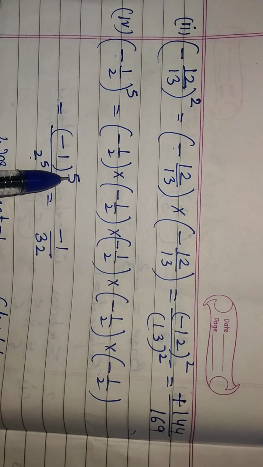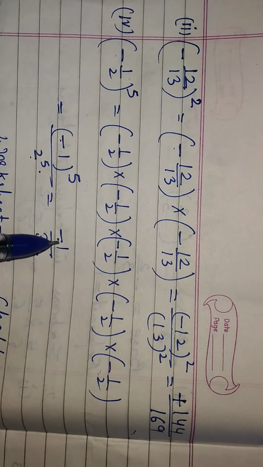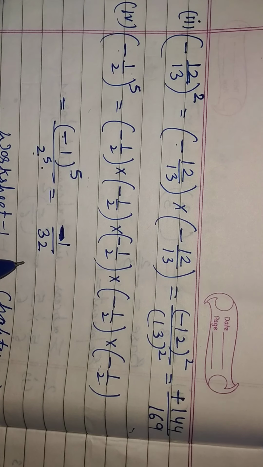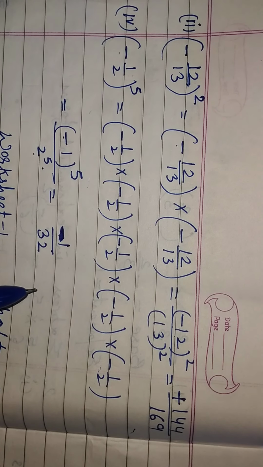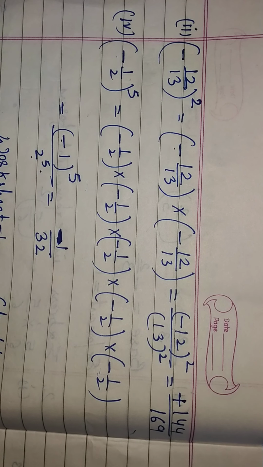The power is odd, so we get the minus sign, and minus 1 by 32 is the answer. In this way you can do question numbers 1, 2 and 3 completely. These are small sums, and you already did them in 6th class also.